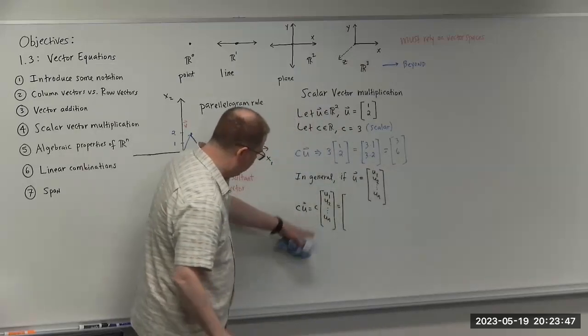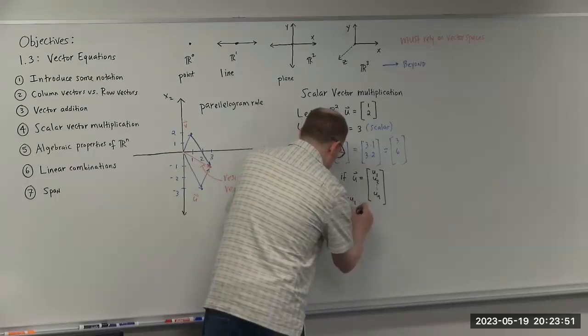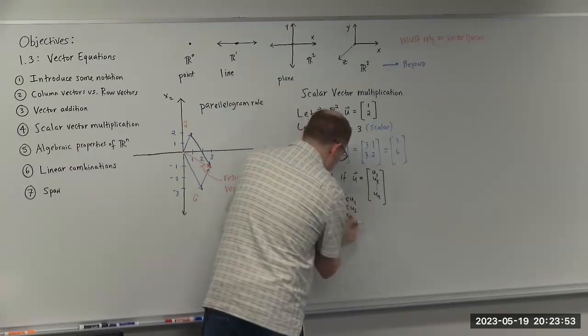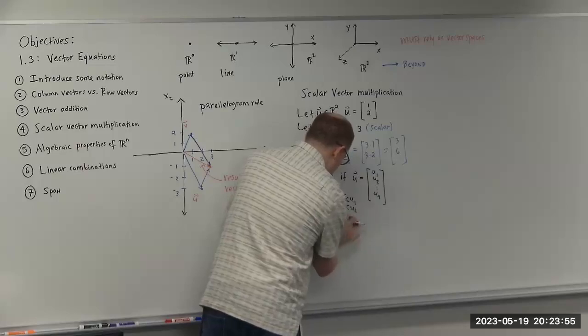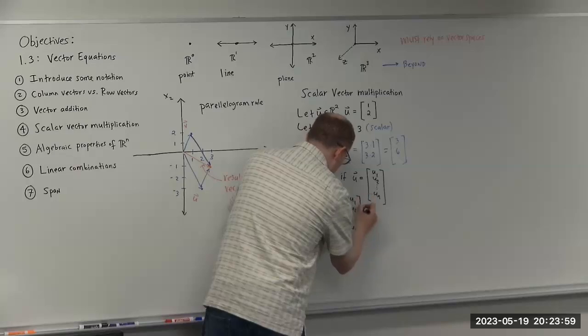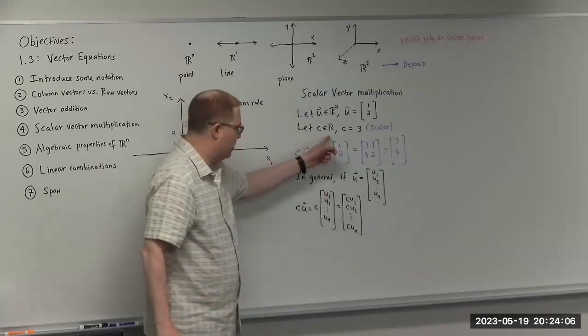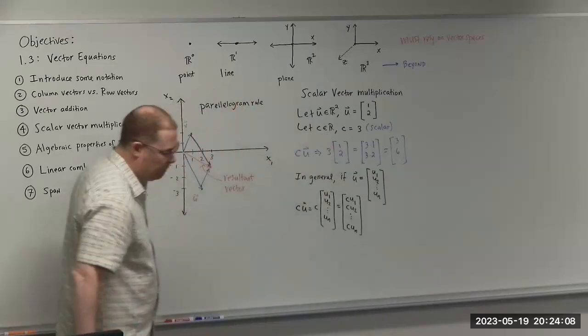So there's C times u: we get C times u1, C times u2, and so on. So it's just an extension of this specific example.